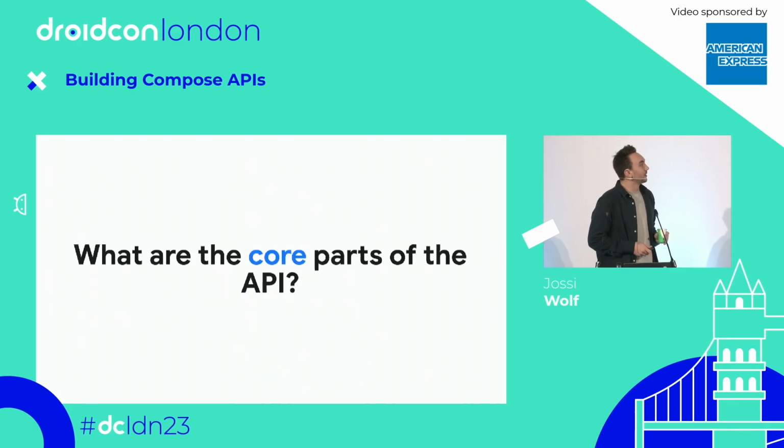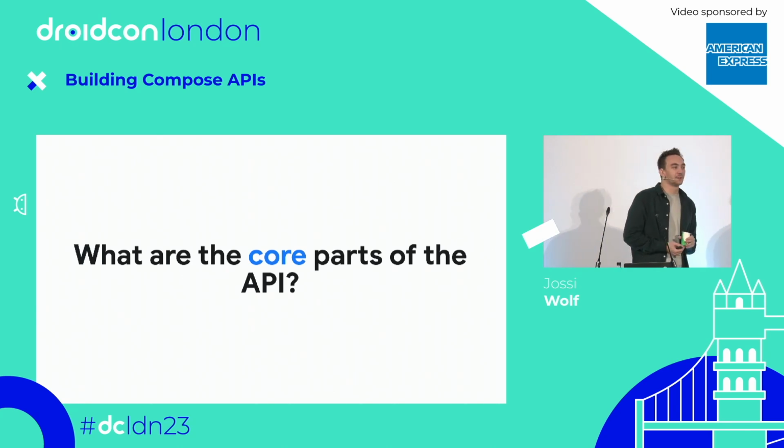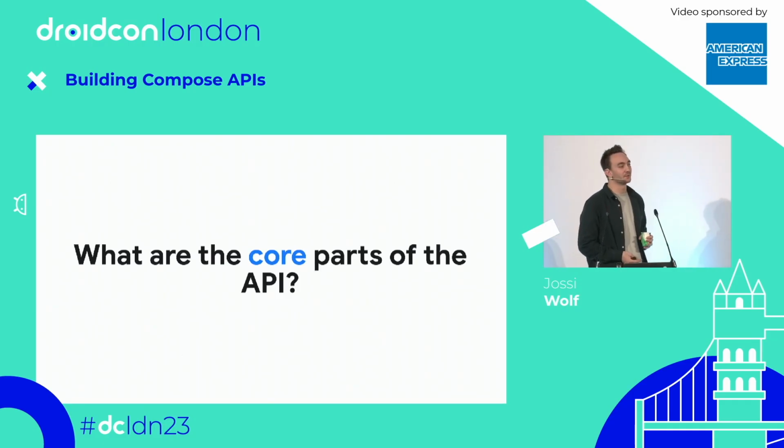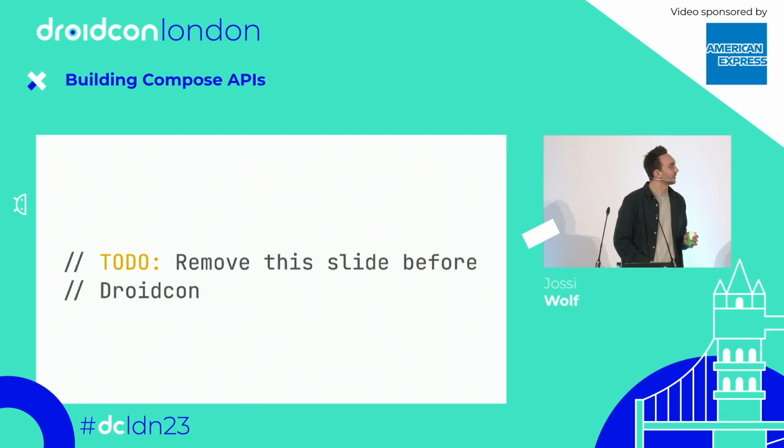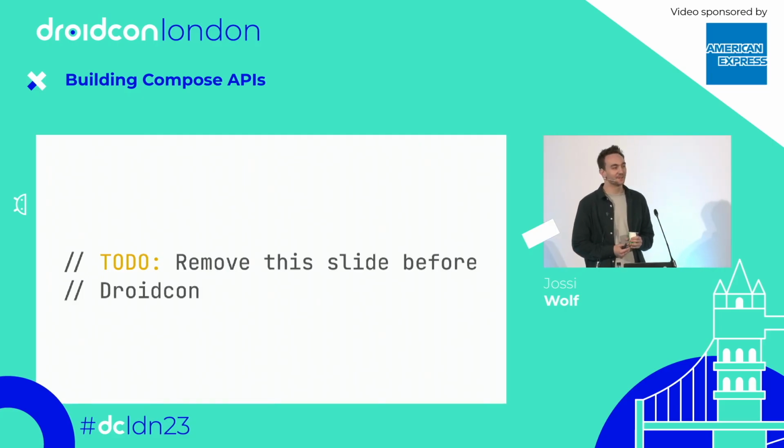Now, I think I've kind of touched on this before, but a really hard question that's usually asked in combination with what is our actual problem statement, but then after you build stuff out, you should ask yourself this again. What are the actual core parts of the API? Do I really need all of this? Do I really need all of these fancy concepts? We'll see some examples for that in a second. Because it turns out that if you just forget to remove stuff, it's really hard to remove it later.